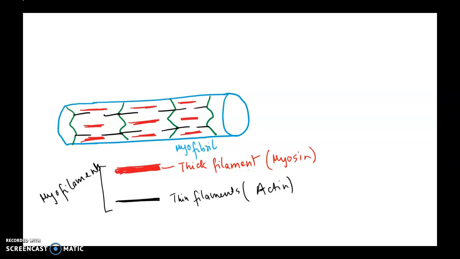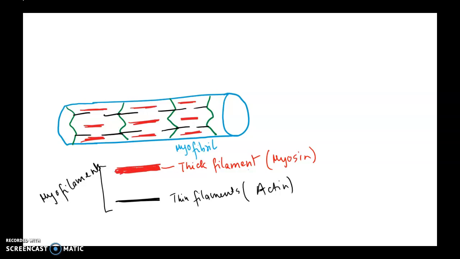You can compare each cigarette to a myofibril. If you open the wrapper of the cigarette, inside you will find tobacco. And that tobacco can be compared to the myofilaments, which are thick and thin filaments. Good. So in this picture, we see myofibrils made up of myofilaments.